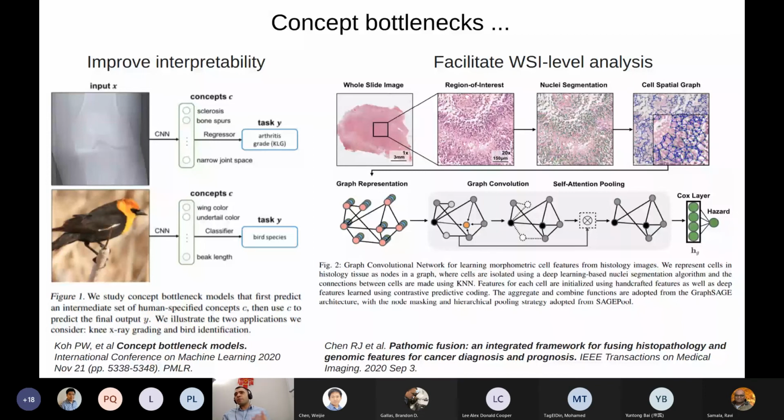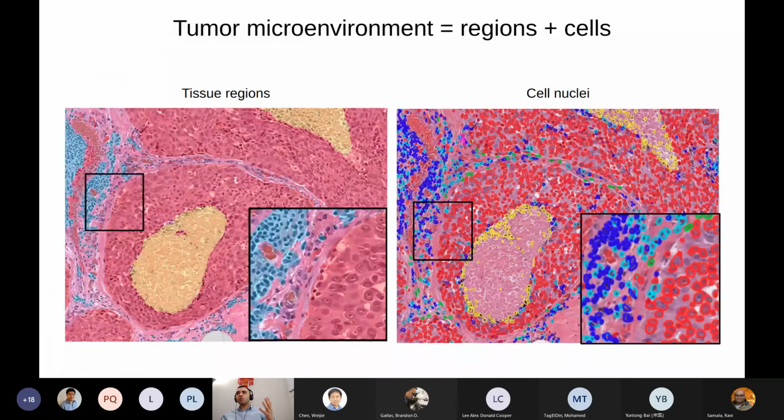So going back to what we're trying to do, the tumor microenvironment is composed of two things: tissue regions and cell nuclei. Tissue regions are broad patterns that you can see at low power or low magnification. Here we're concerned with maybe four key region types.